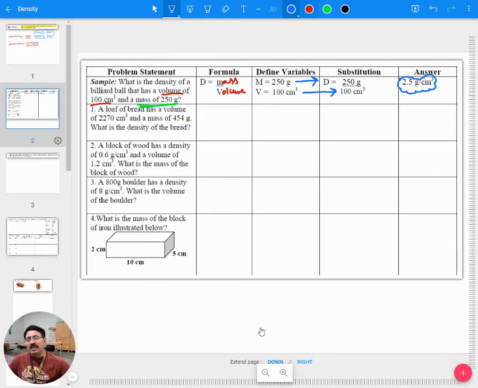So let's give a try with one of the questions. Let me take the next one. A loaf of bread has a volume of 2270 cubic centimeters. So first of all, let me write that density equals mass per volume.